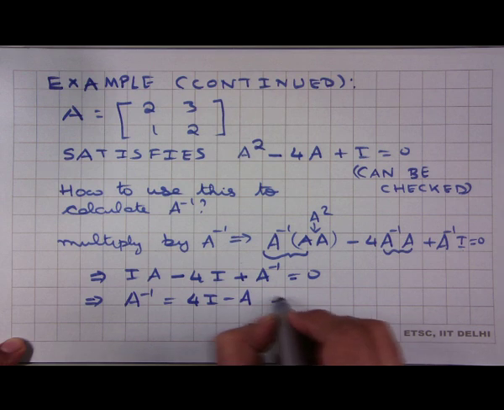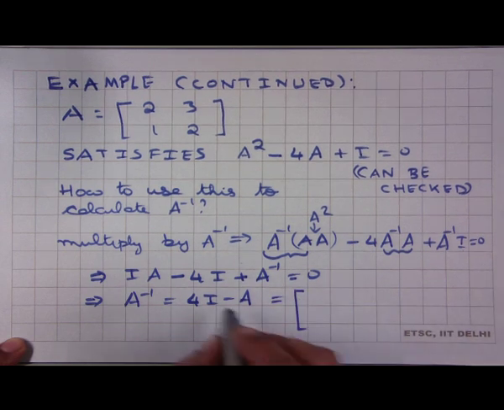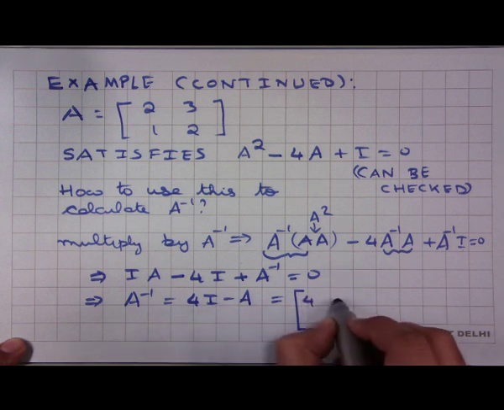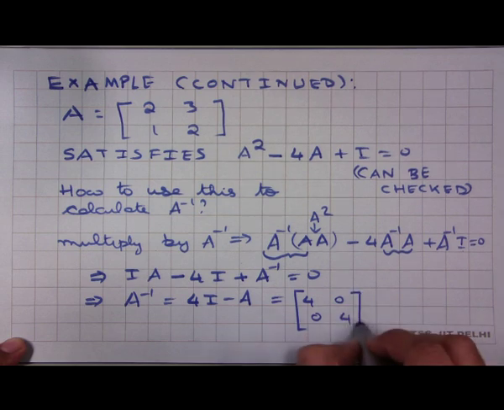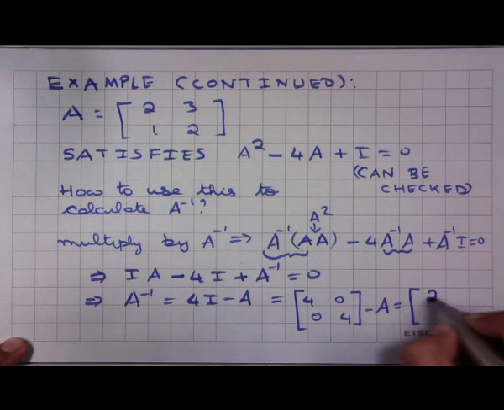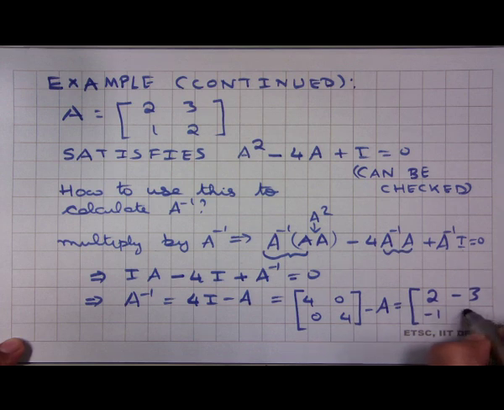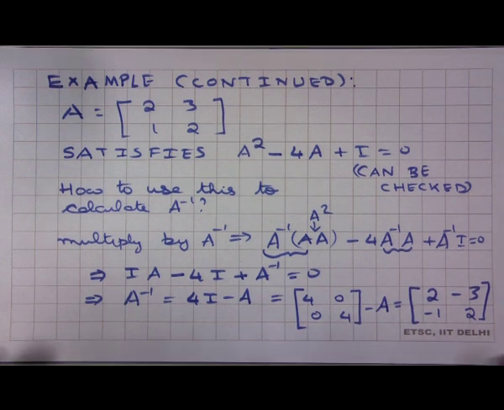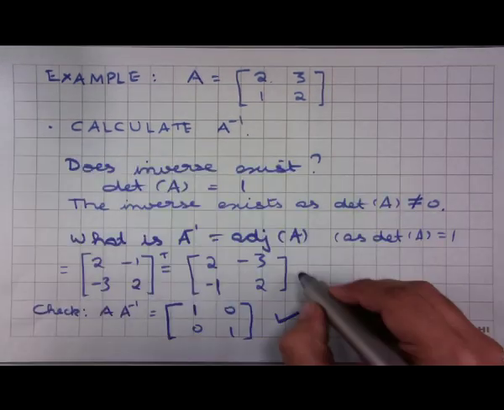So, let us see whether this gives you the inverse. 4I will just have 4 0 0 4 minus A, and A is written here. So, this will be 2 minus 3, minus 1 and 2, and we can check from what we were doing before that this 2 minus 3, minus 1 2 is the same as what we got there. So, there is not just one way to calculate the inverse, this is also A inverse.